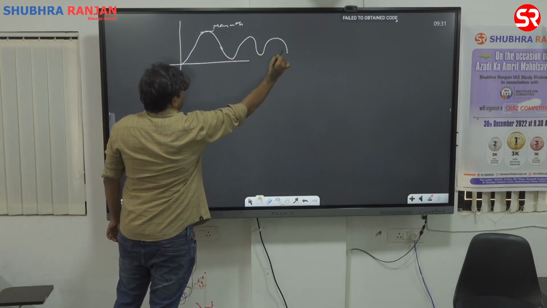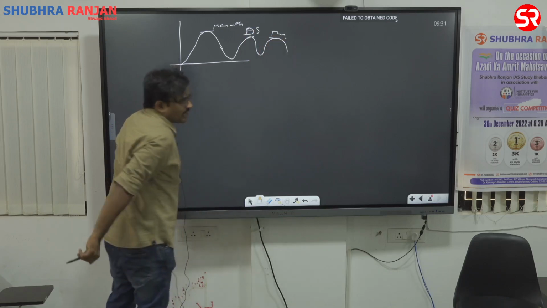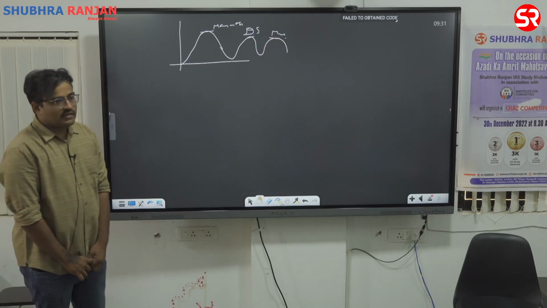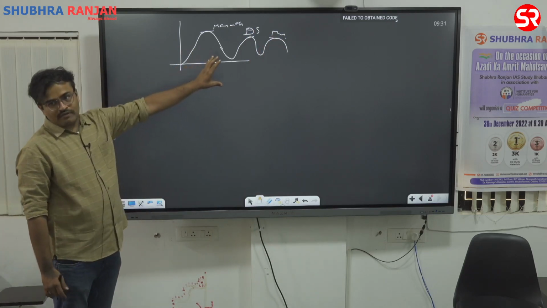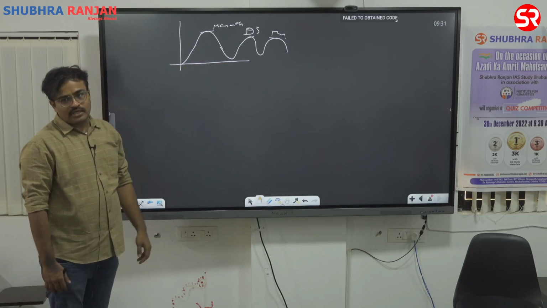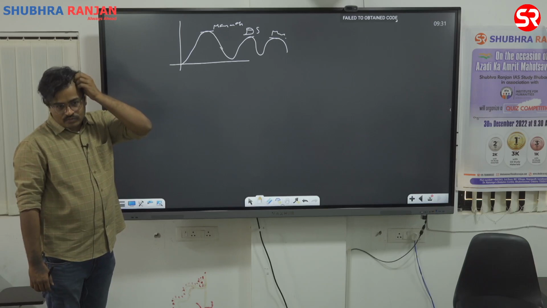Then during the Mughal Empire it again increased. This way you can draw a graph for easier understanding. So there are three periods of peak power for the kings: the Mauryan age, the Delhi Sultanate, and the Mughal age. Is it making sense now?